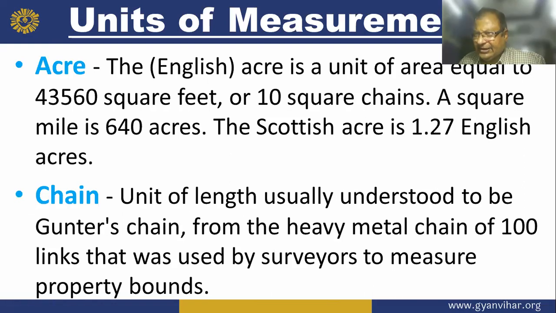Now, what is the acre and what is the chain? The English acre is a unit of area equal to 43,560 square feet, or 10 square chains, and 640 acres equal a square mile.